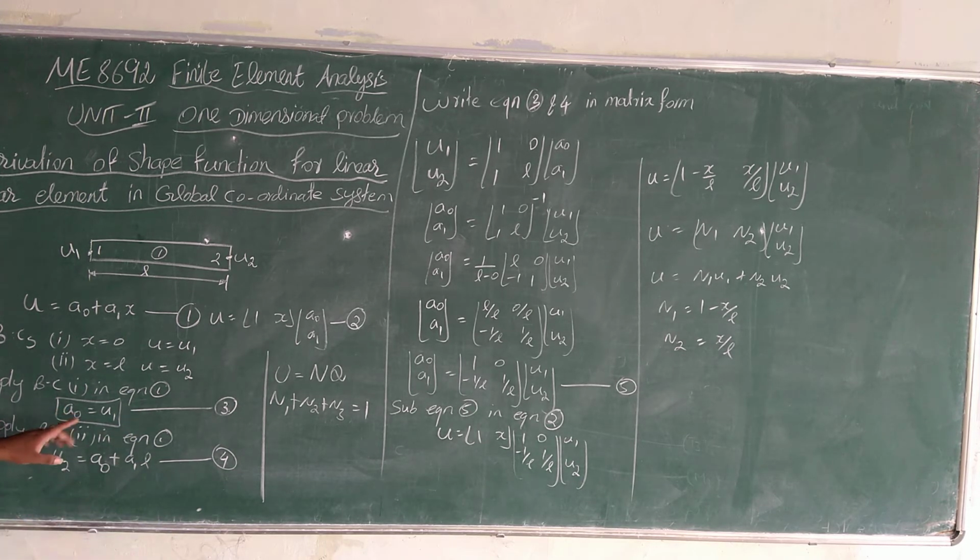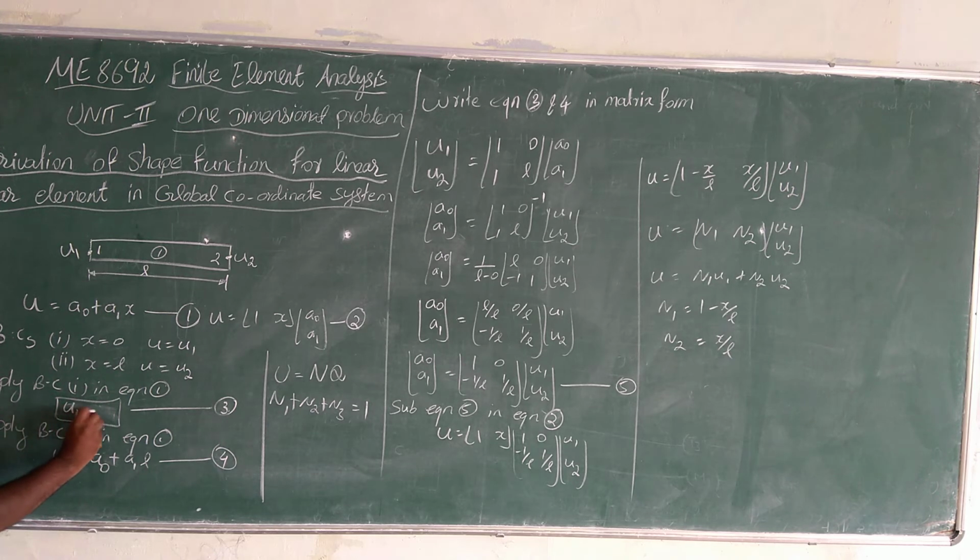Next, write equations 3 and 4 in matrix form. U1 equal to a0, and at x equal to 0 the other term is plus 0, that is u1 equal to a0.